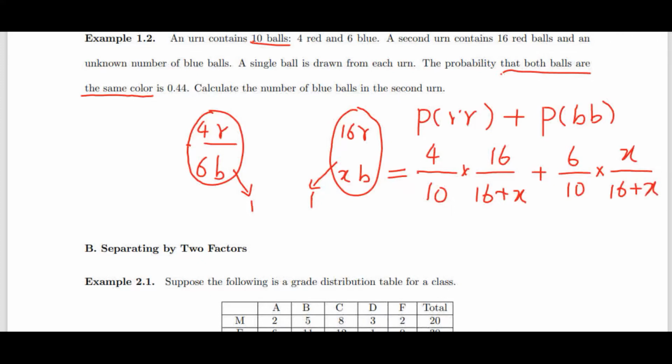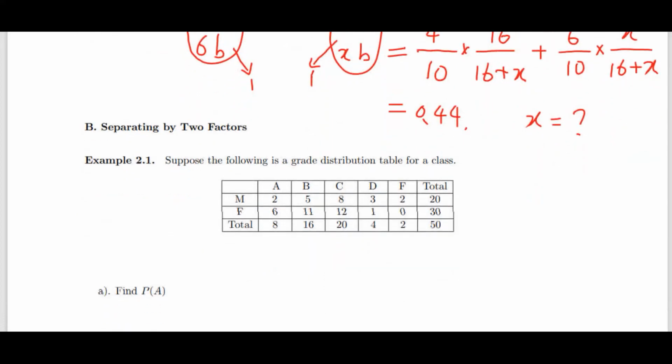This probability equals 0.44. So from here, we can solve this equation and find x easily. Okay, so those are problems for splitting the whole into parts by one factor.